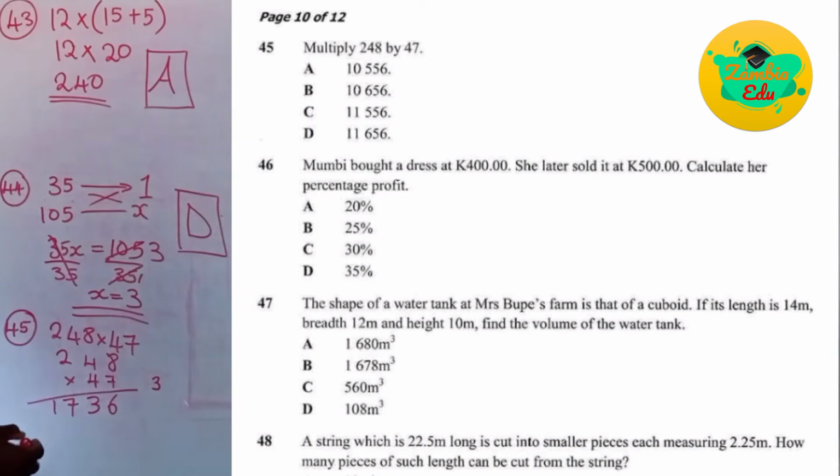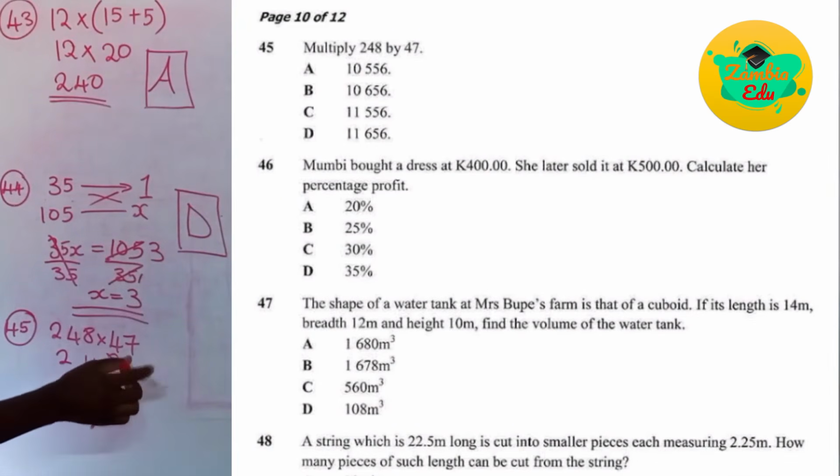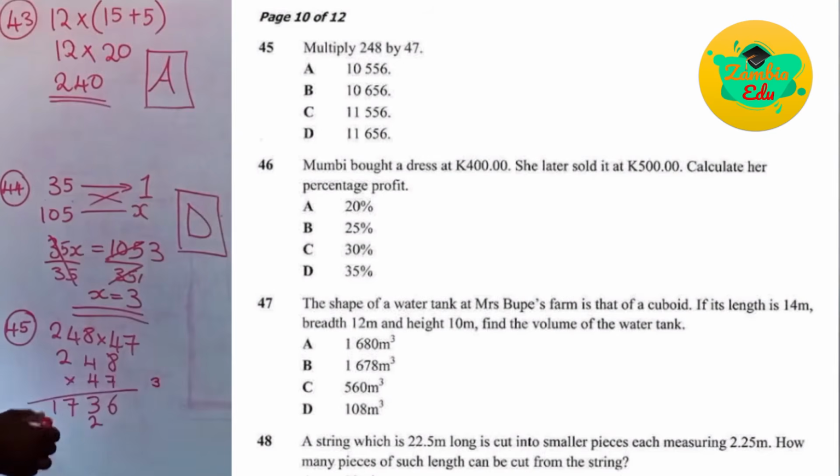4 times 8, that is 32. So 2, carry a 3. 4 times 4 is 16. 16 plus 3, that's 19. So 9, carry a 1. 4 times 2 is 8. 8 plus 1, that's 9.